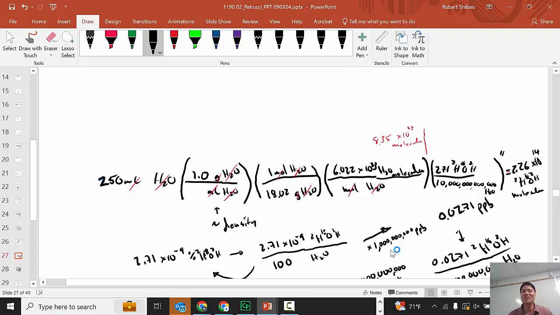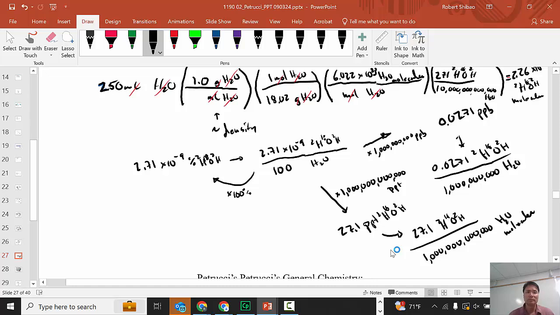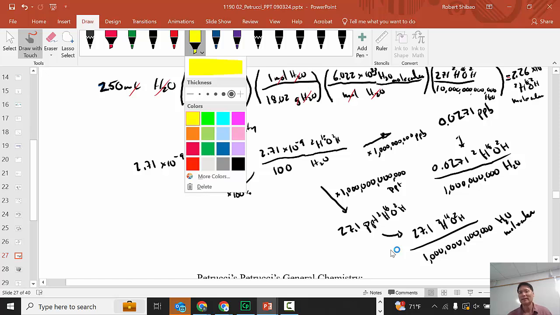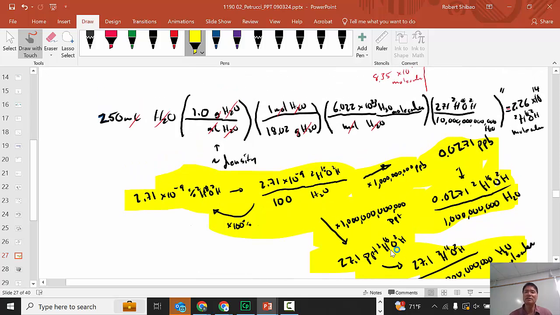So again, you didn't have to do all this stuff down here. Let me highlight it. We could have just left this last conversion factor as a percent.